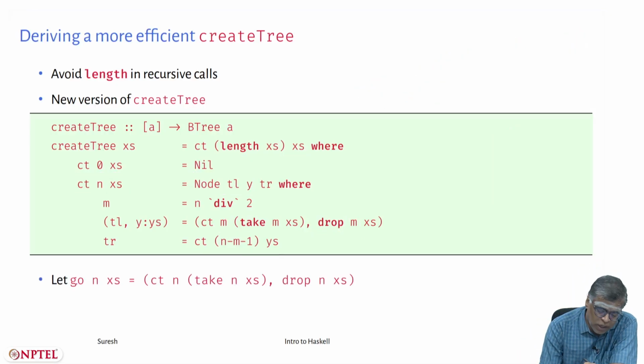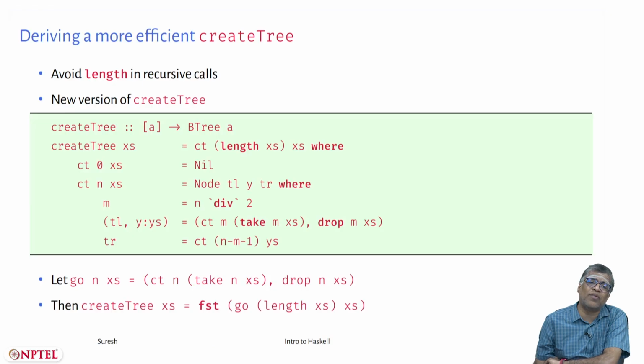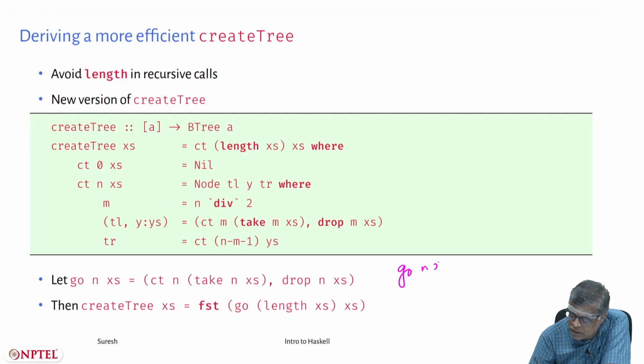And here is where we let go of n xs be CT n of take n xs, comma, drop n xs. If I do that, I can do the same derivation as earlier. Then create tree of xs is first of go (length xs) xs. Instead of CT I am just using go, but go will not only produce the tree, it will produce the remainder of the list. So that is the real point. Go n xs creates a tree, it will return a pair.